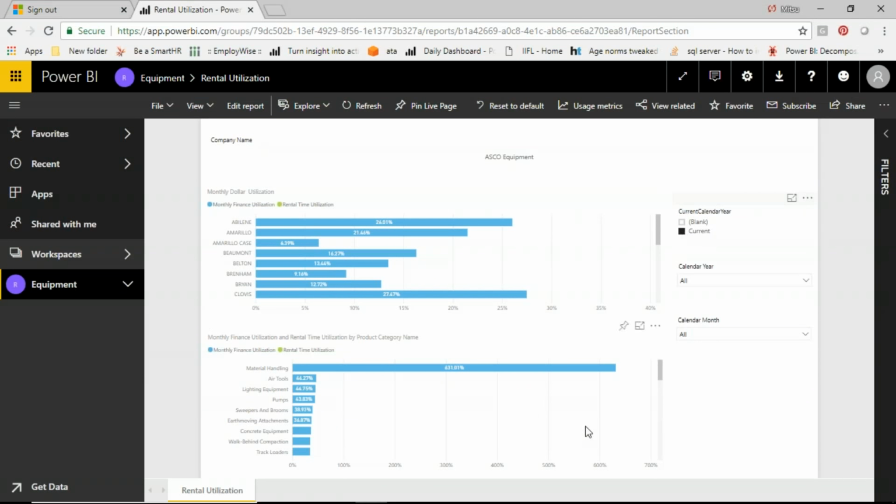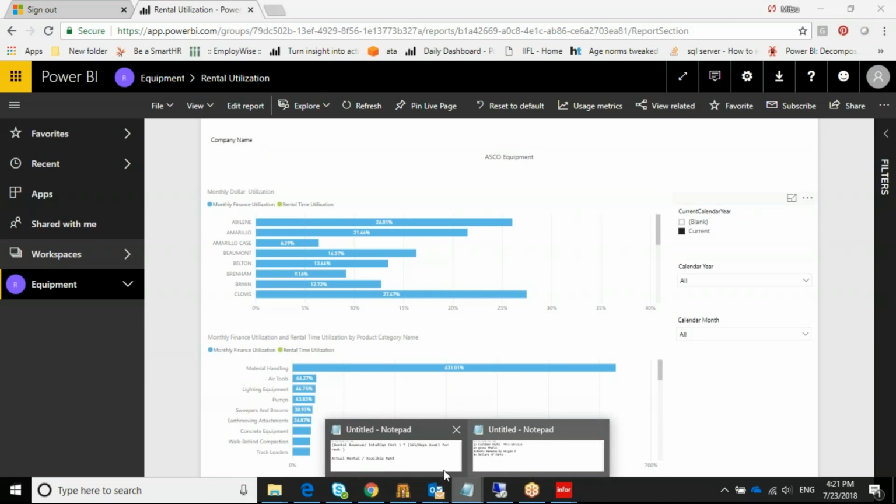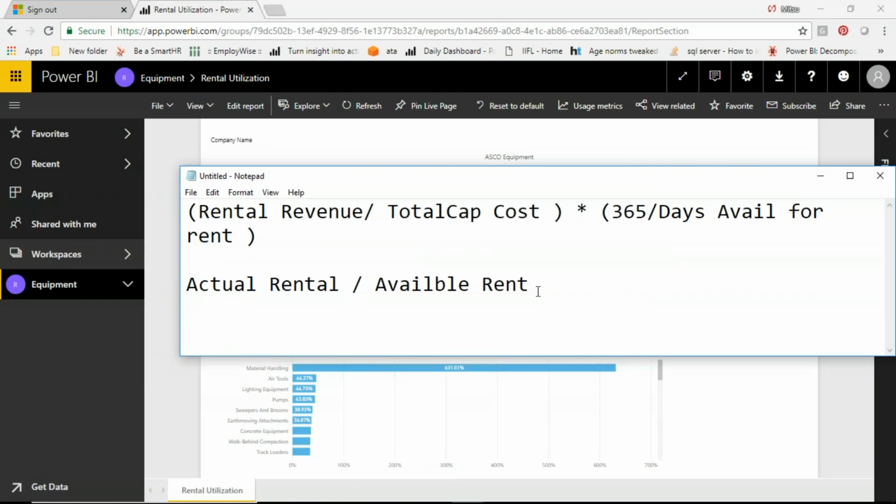So if you go back to your notepad real quick, do you do those formulas per machine and then average them? Weighted average. At every stage, it's always weighted average. Okay.